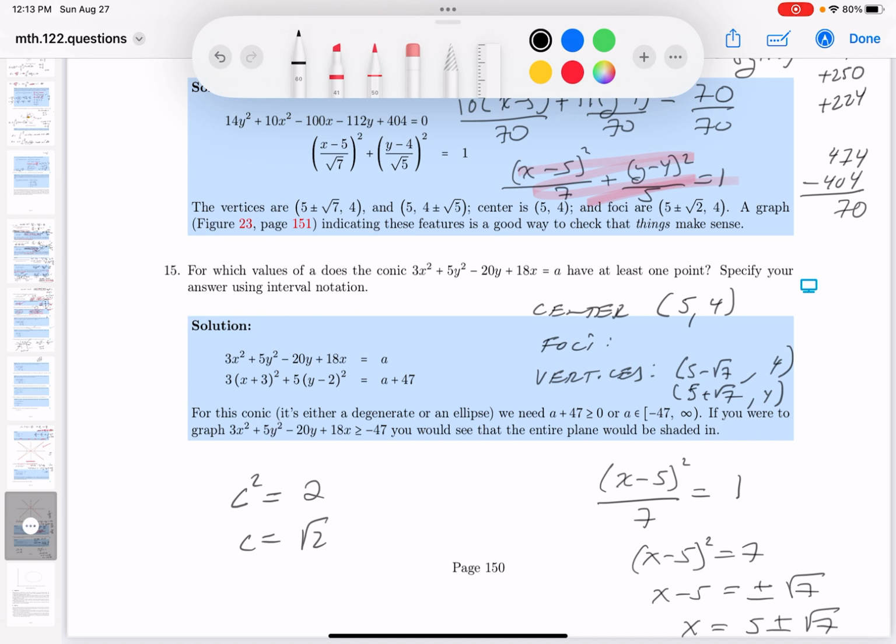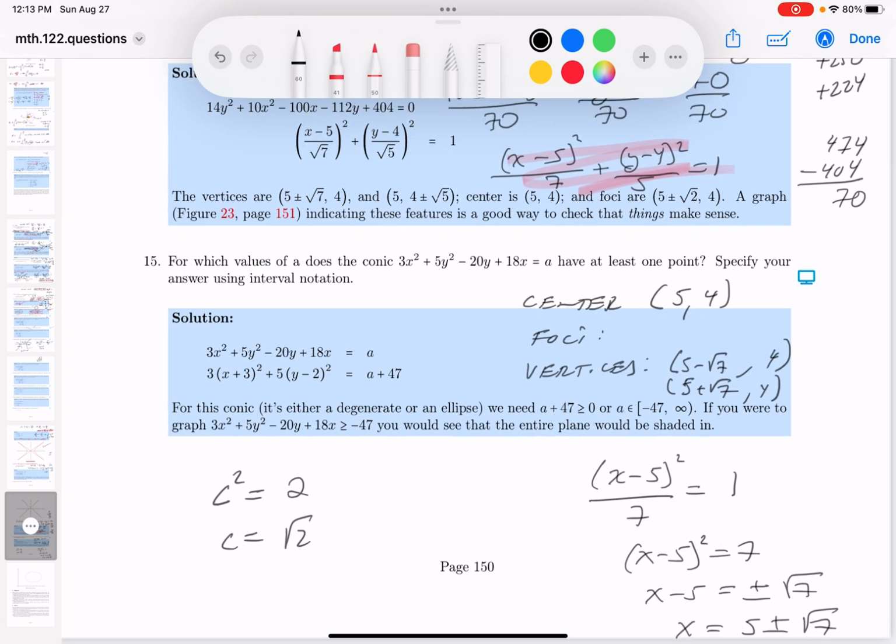The center is 5, 4, and I'm moving along that x line, so I'm going to add to the 5. It's going to be 5 minus root 2, comma 4, going to the left, and the other one is going to be 5 plus root 2, comma 4.